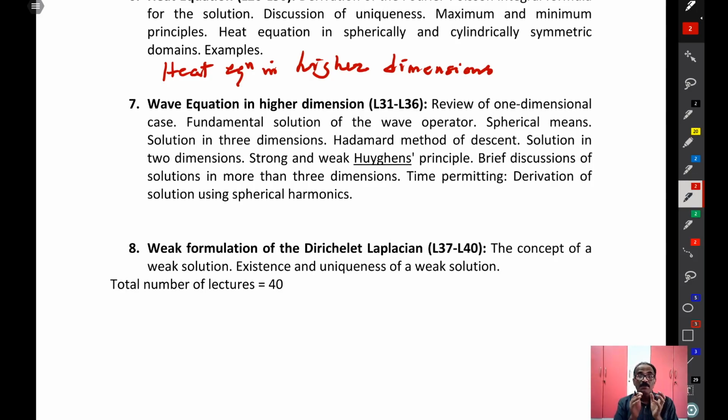You will see one important concept called the strong and weak Huygens principle. The Huygens principle is very important: how the solution actually depends on the boundary. That is not true in 2 dimensions. So you will see the strong Huygens principle in 3 dimensions. The interesting aspect is that this is true for every odd dimension.